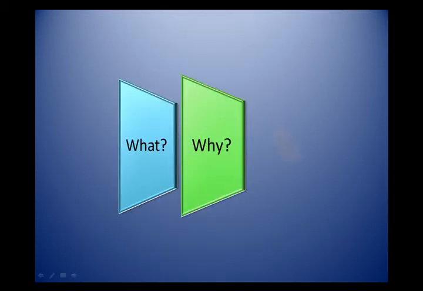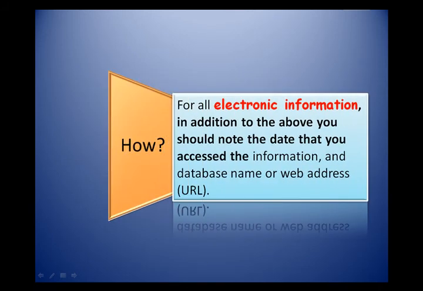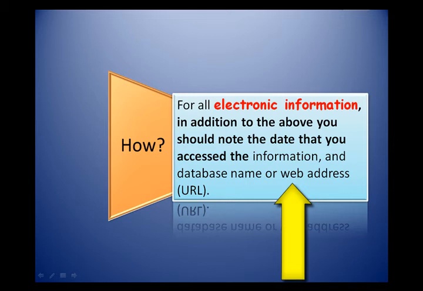Now, for all electronic information, all 7 pieces of information that we've just seen now, together with the database name or web address URL, are going to be necessary in your references.